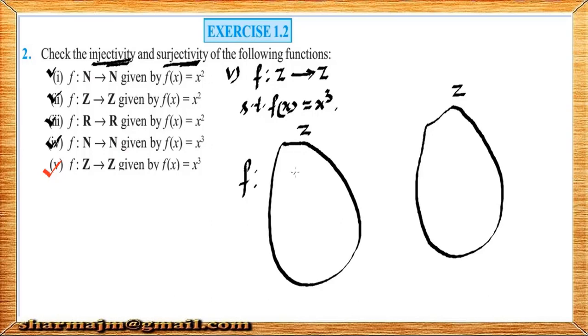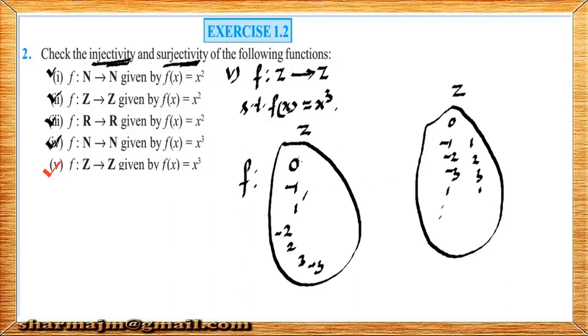So set of integers are positive, negative, 0. Here we have -1, then 1, 2, -2 and 2, 3 and -3. Similarly we have integers here 0, -1, -2, -3 and so on, and on the positive side we have 1, 2, 3 and so on, set of integers.